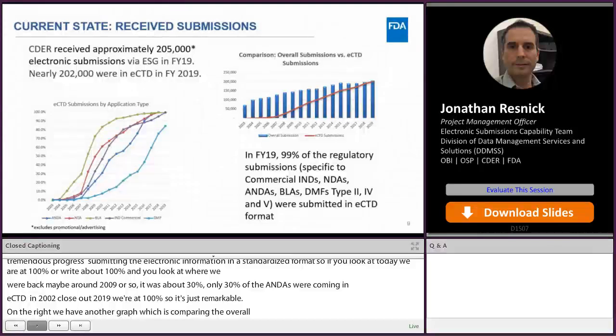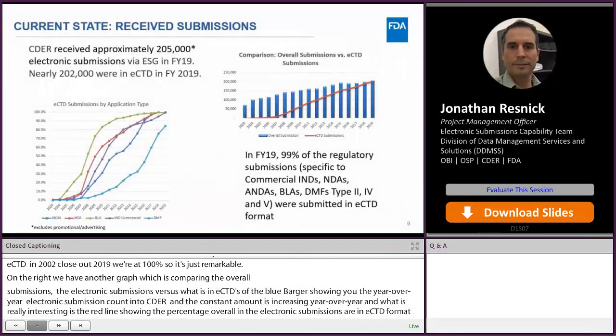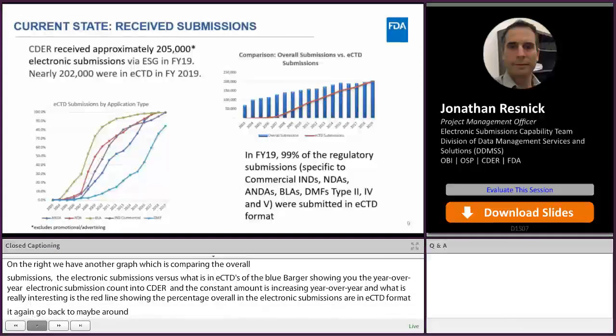That's showing you the percentage overall that those electronic submissions are in eCTD format. Again, go back to around 2009, and maybe around 30% of the electronic submissions were in that standardized format we call eCTD. Now, we're at almost 100%, which is really good news.